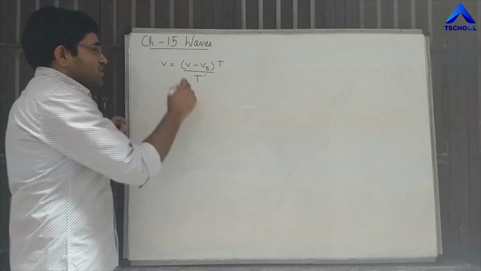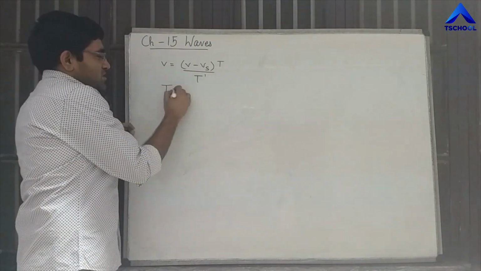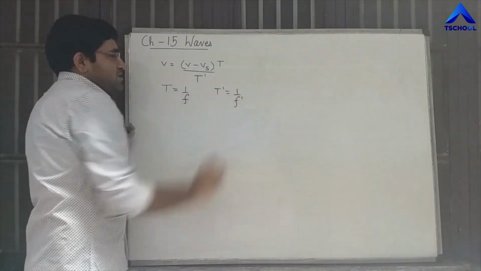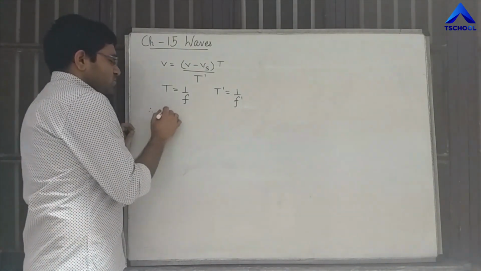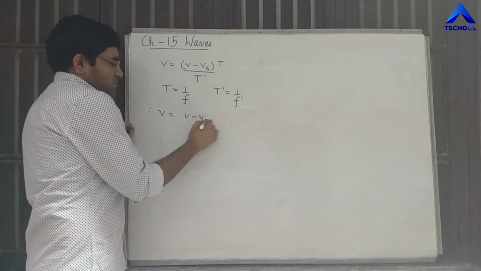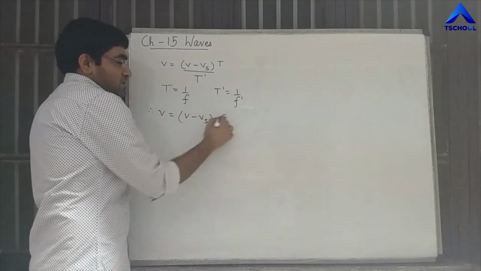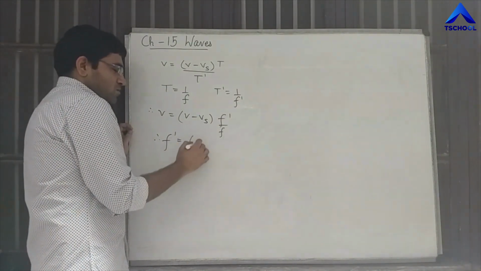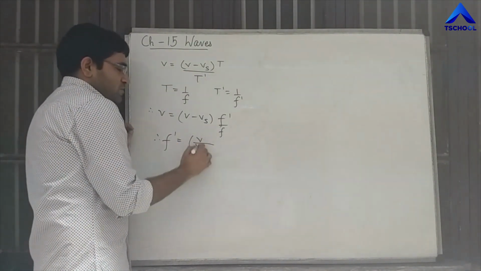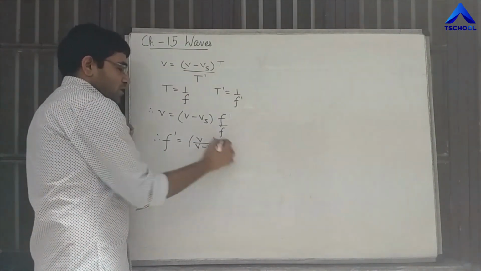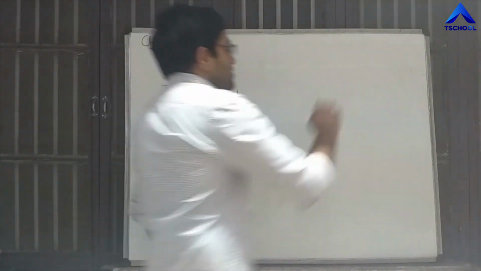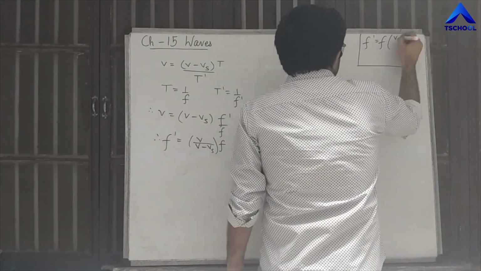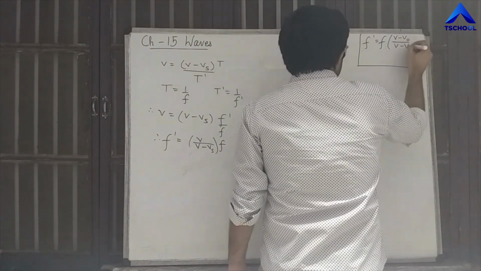Now, because T is equal to 1 by F, and by definition T dash is 1 by F dash, this easily becomes V is equal to (V minus Vs) into F dash upon F, and finally F dash is equal to V upon (V minus Vs) into F. If you observe the formula we wrote earlier, F dash is F into (V minus Vo) upon (V minus Vs).